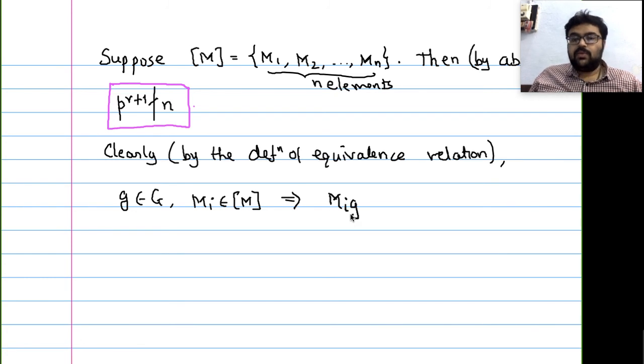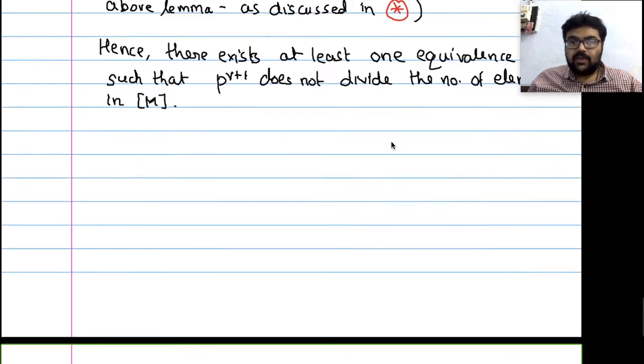Mig is also mi times g. So that is also an element of this class only, because this will be either m1 or m2, or up to mn, because this is how the equivalence relation is defined.